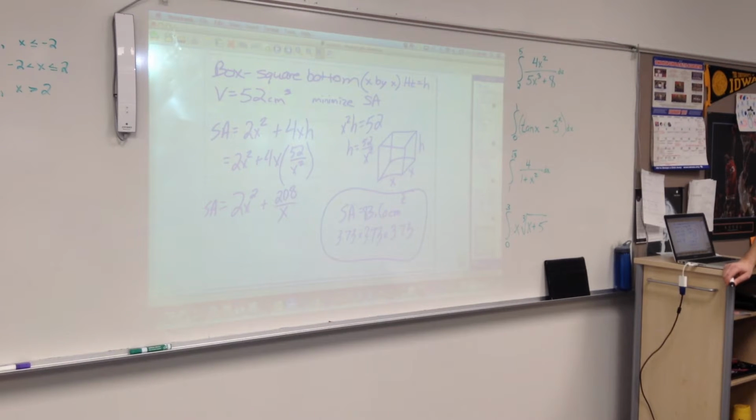But if they don't really give you any requirements like that, if they just say create a rectangular prism with a set volume and use the minimum amount of materials, it will always be a cube.